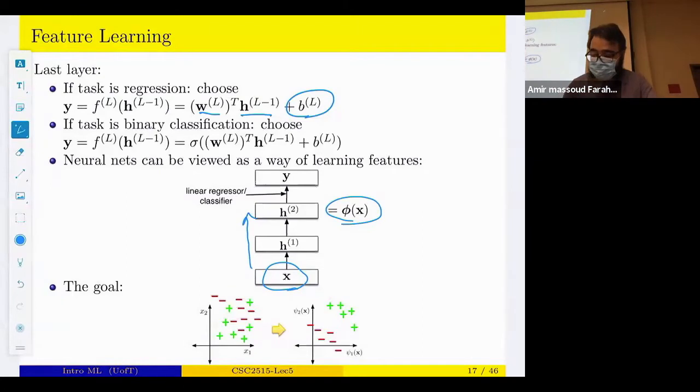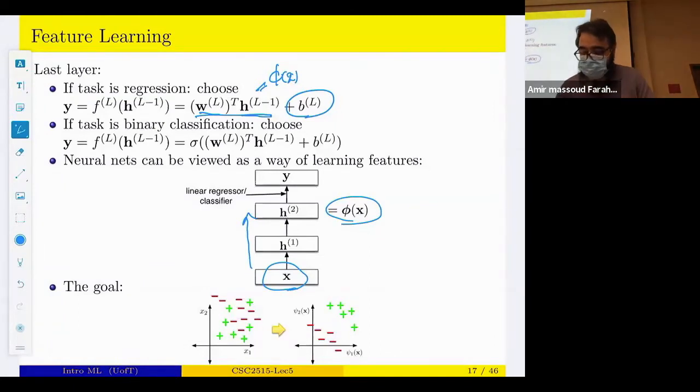We take, for example, in this case of regression, you see that this output, the output of the last hidden layer, is phi of x. It is multiplied by some w, and that would be our output of our neural network.